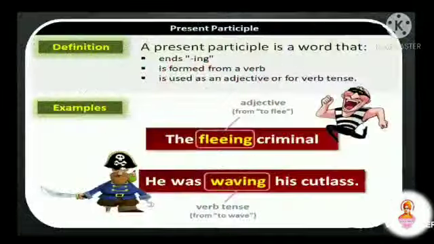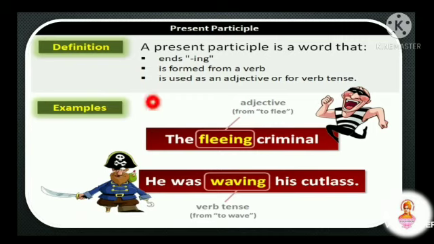Here we are going to learn what is meant by the present participle. If your work is incomplete, if your work is going on, it is not complete, then for that kind of sentence we use the present participle.